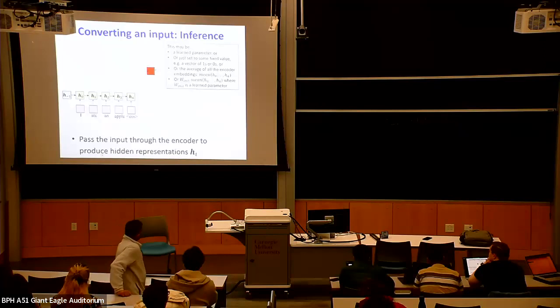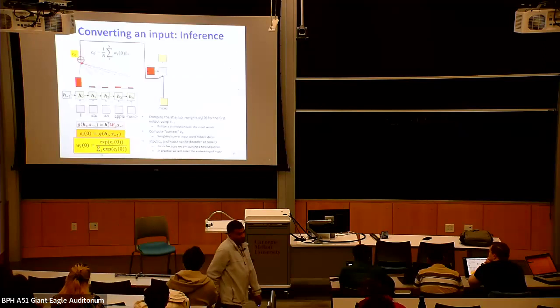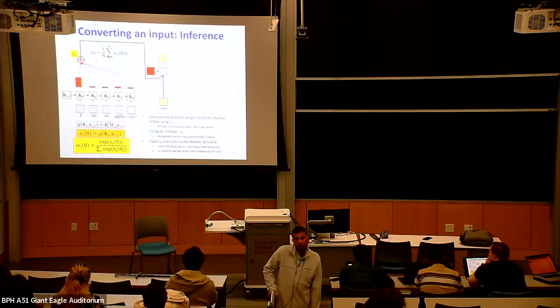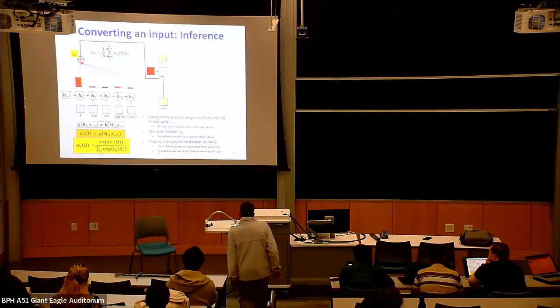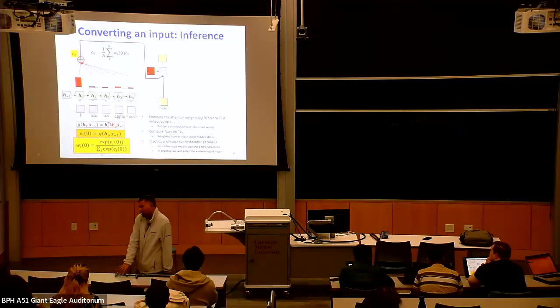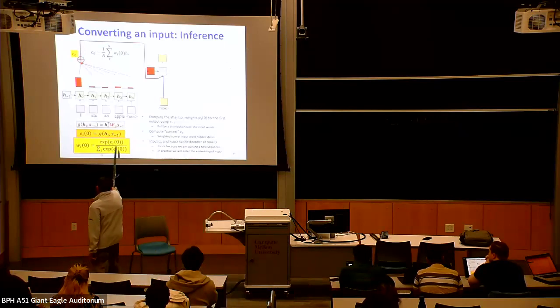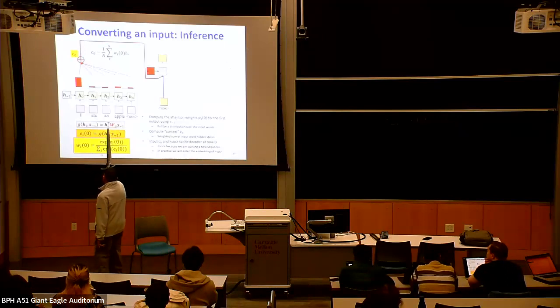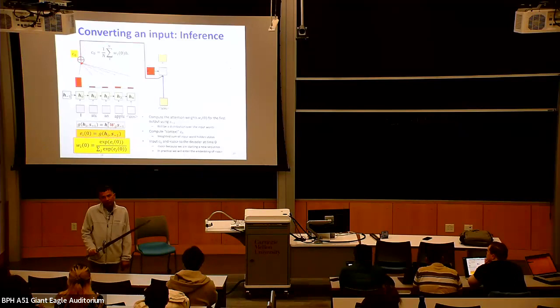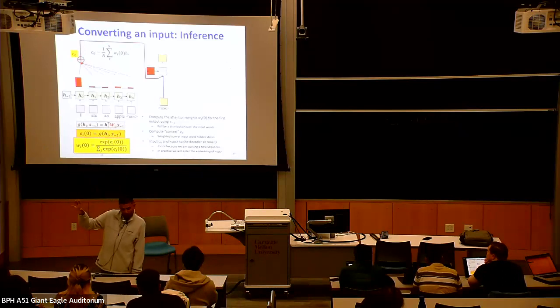Once done, you can just use that s minus 1 to compute the attention weights for all of the hidden states on the input. And the way you would do it, of course, is that you're going to compute the raw attention weights, which is just the matrix inner product between the hidden state on the encoder side and s minus 1, and put those through a softmax.